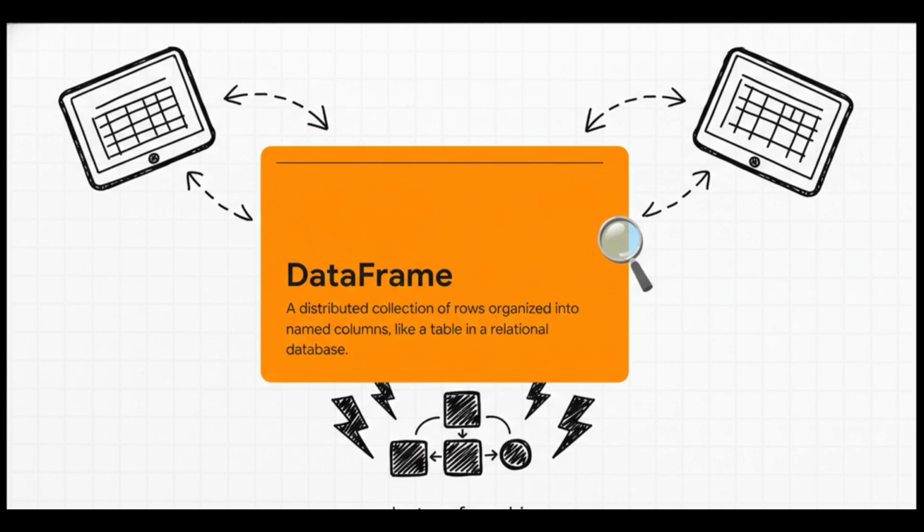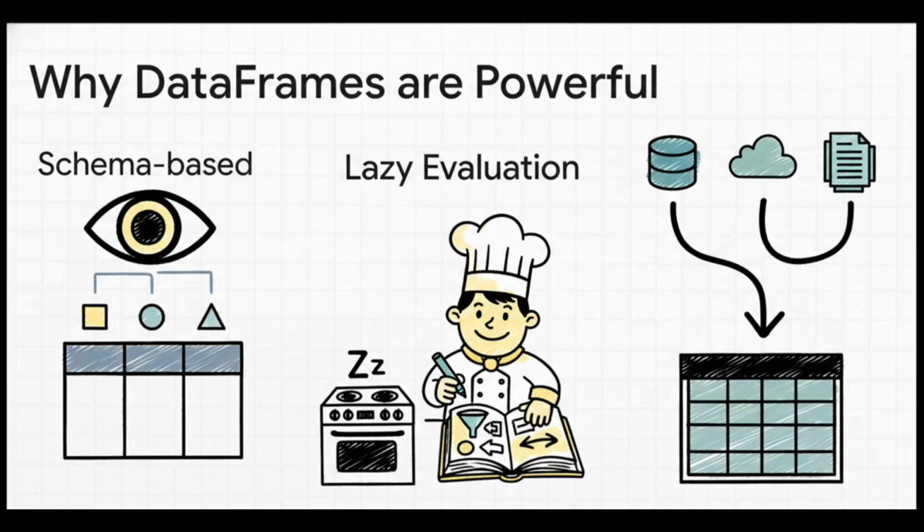The big difference, though, is that this table is spread out across a whole cluster of computers, and it has some really special properties that make it wicked fast. So what are these special properties? Well, first, it's schema-based. It knows that the age column is full of numbers and the name column is full of text. That's critical for optimization.